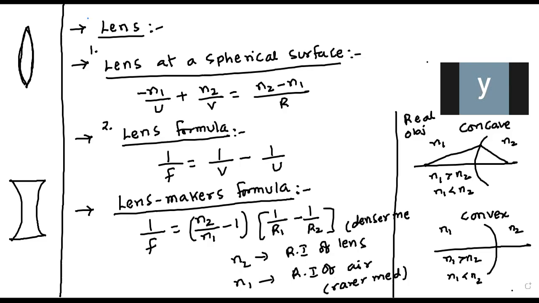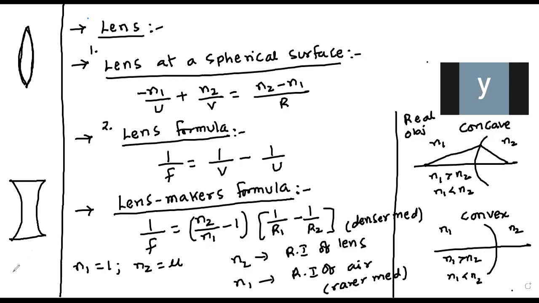If we consider a light ray coming from air, I can write n1 is equal to 1 and n2, suppose let us consider it is having a refractive index mu. So this focal length is the focal length of the lens with respect to air.